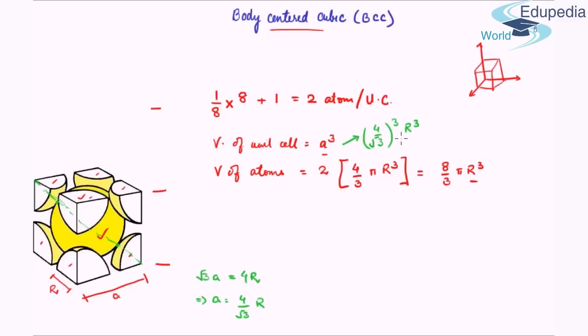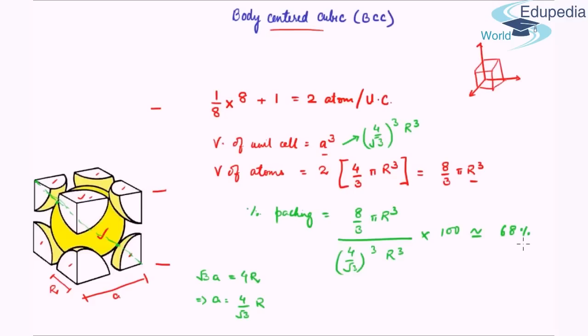So volume of unit cell is this, volume of atoms is this, percentage packing of atoms obviously is volume occupied by atoms, which is 8 upon 3 pi R cube, upon the whole volume of unit cell, which is (4 upon root 3) cube R cube. Since it is percentage, we multiply by 100, and this on simplification turns out to be around 68%.